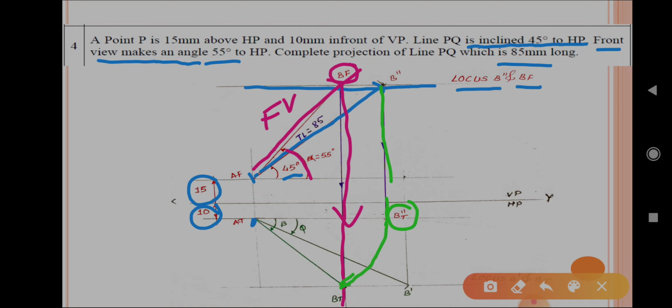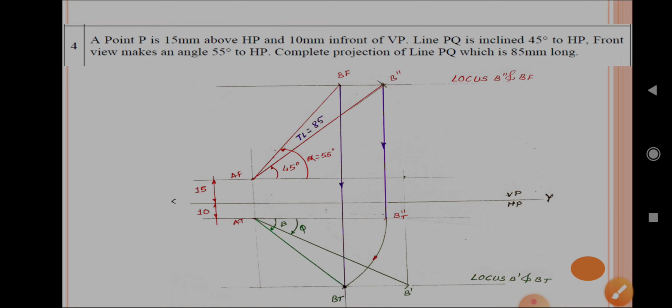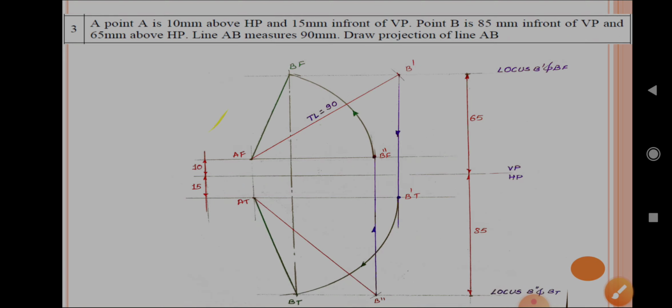When we draw the arc that cuts the line AT, we get the BT point, then connect AT to BT. This is the top view, and we get the locus. On this locus again mark the top view, where the true length given is 90 mm, sorry, 85 mm. Then using the B dash we use the true length and we get the true inclination phi. So finally the answer looks like this.